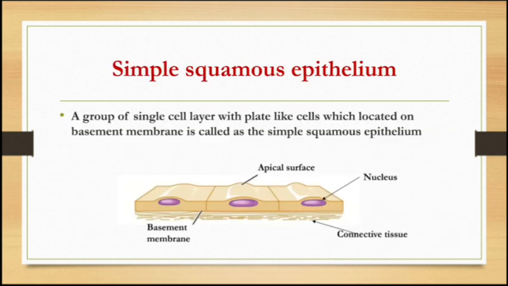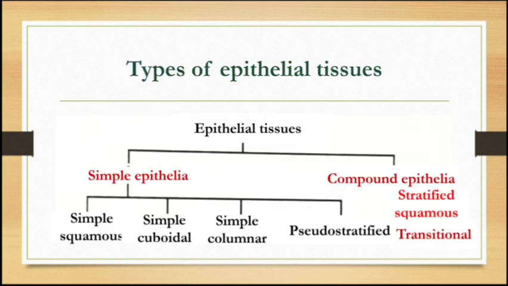First, simple squamous epithelium. In a diagram, you can identify that cells are very thin, plate-like cells, no? So, we can identify the simple squamous epithelium as a group of single cell layers. Simple epithelia have only this.